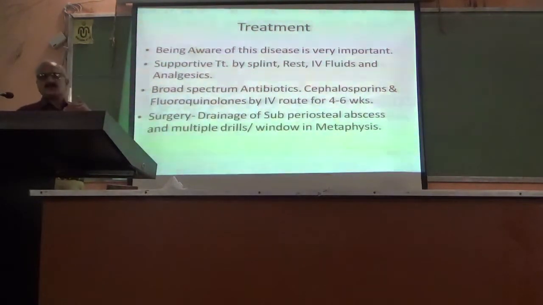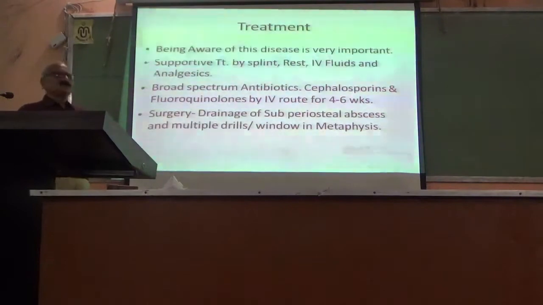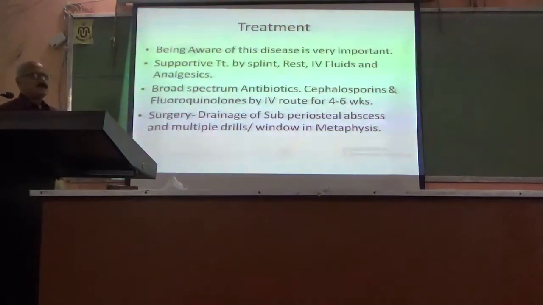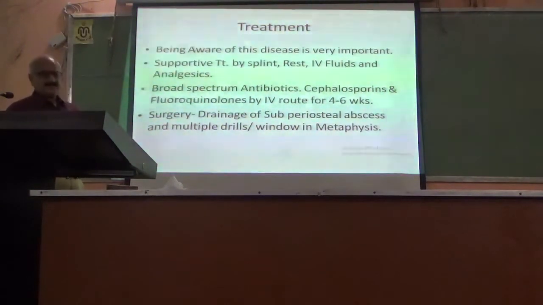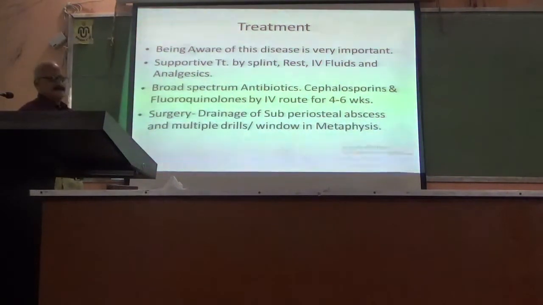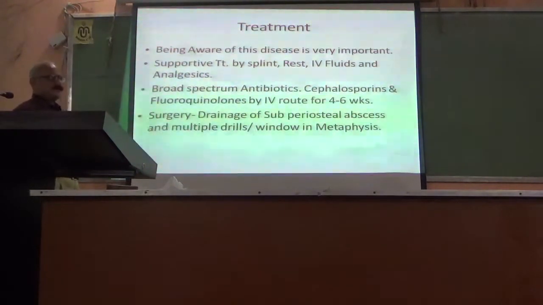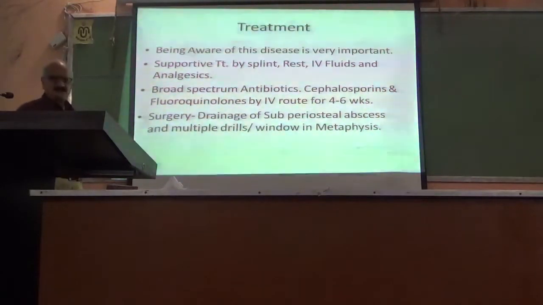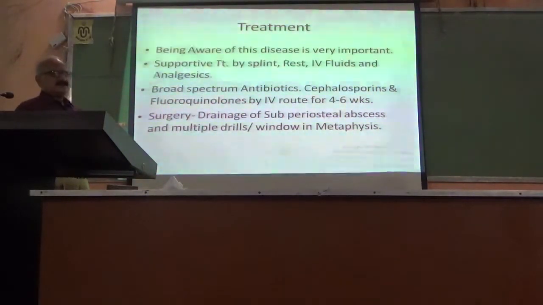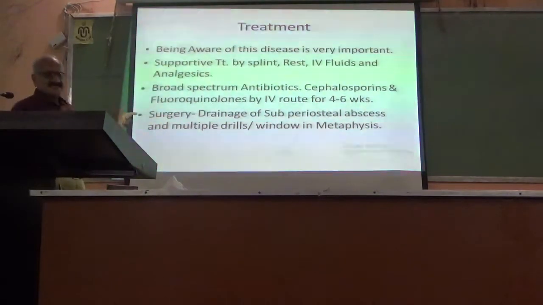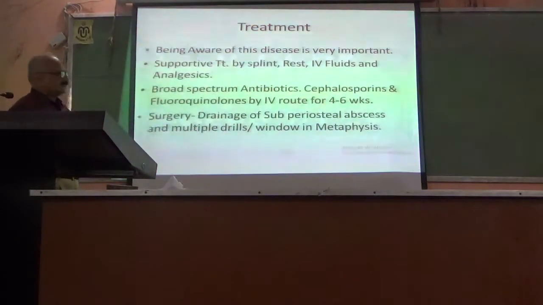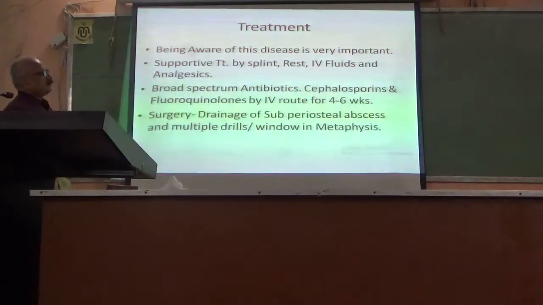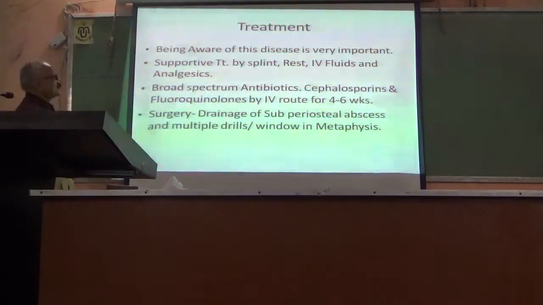Once this has gone on to become chronic osteomyelitis, then probably you have lost the battle, and the patient is likely to have a plethora of complications. So it's very important to diagnose at the right stage, at the earliest, and treat it accordingly. Being aware of this disease is very, very important.